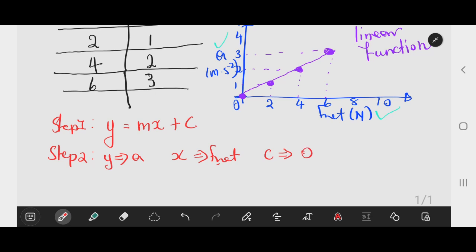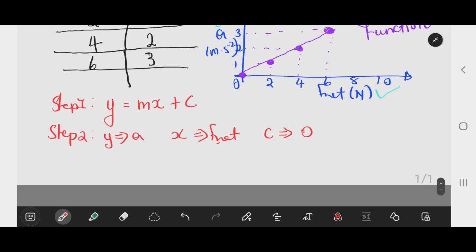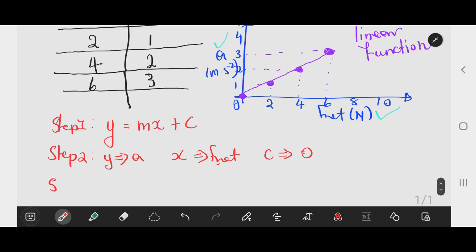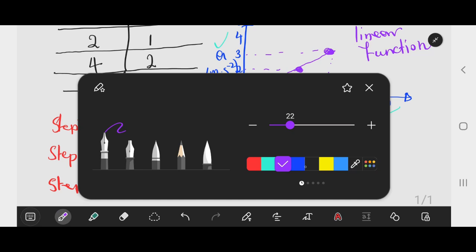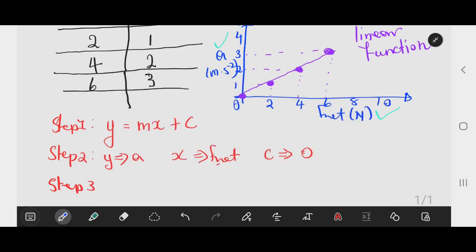You substitute whatever variables you have on your graph into y equals mx plus c, right? Okay, and then step 3, you manipulate your original formula. So your original formula in this case is F net equals MA.